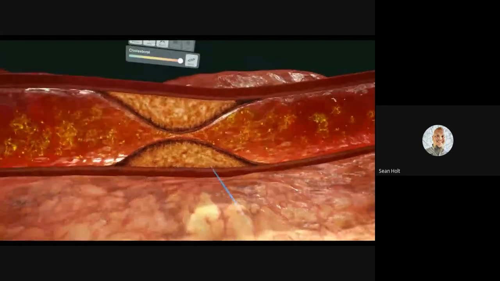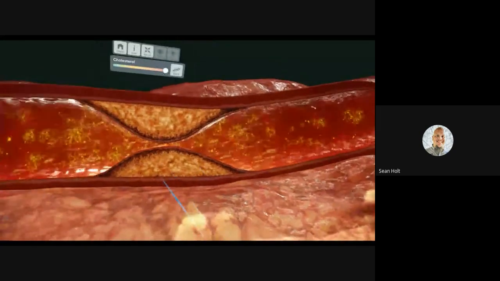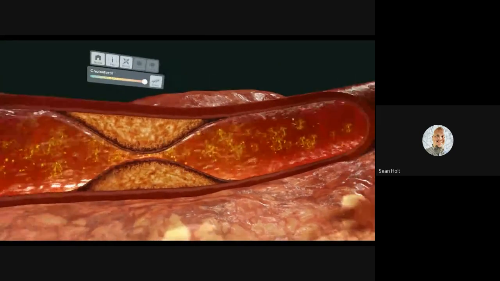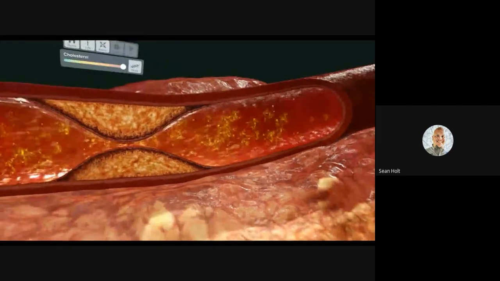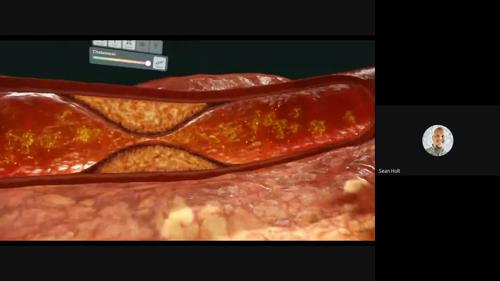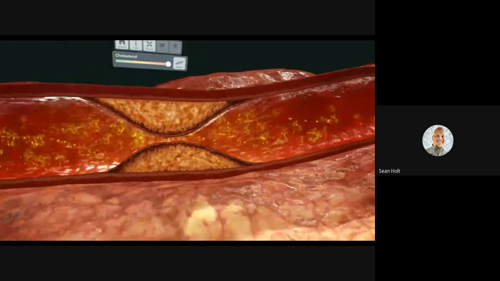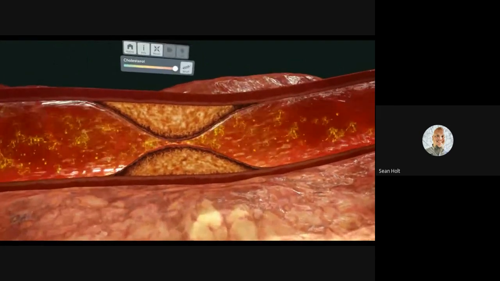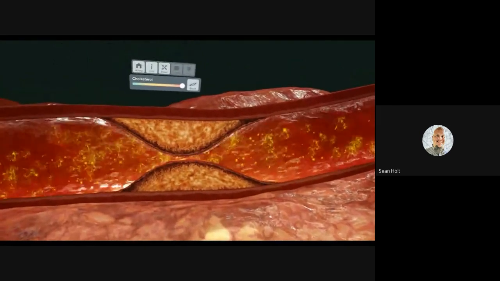So when somebody has blockage that looks like this, they usually call it 99% occlusion. Okay, 99% because it looks almost completely filled with plaque and completely blocking blood flow.